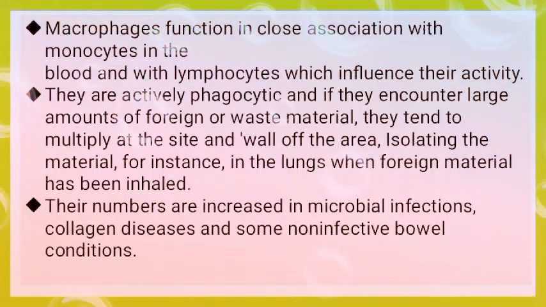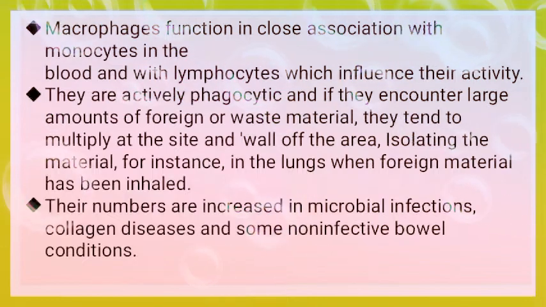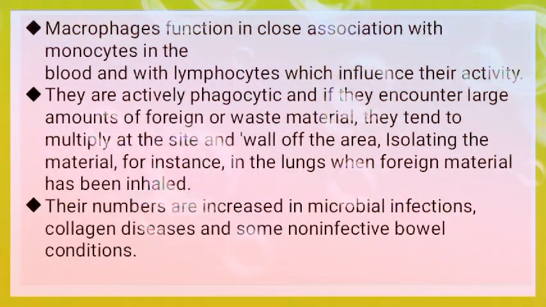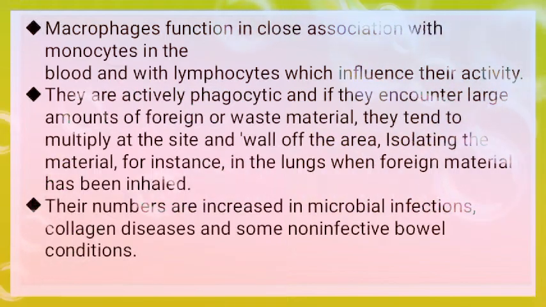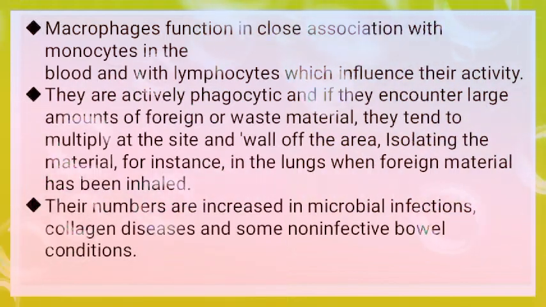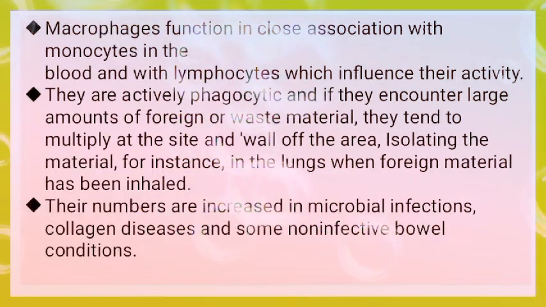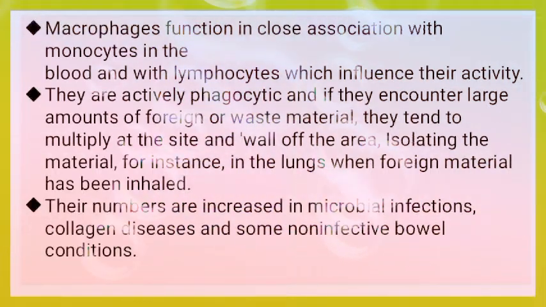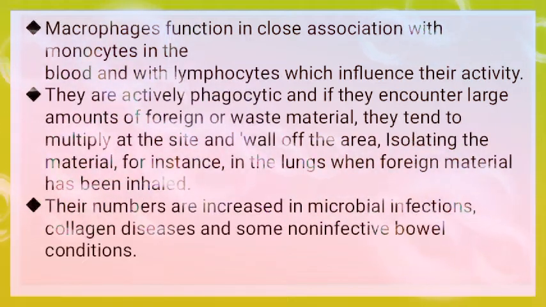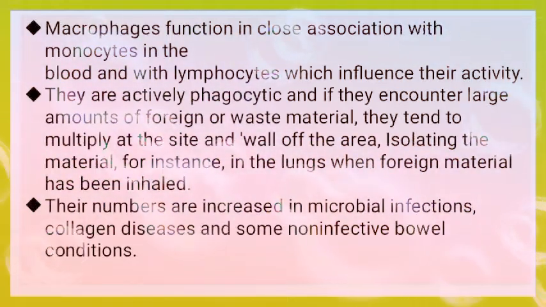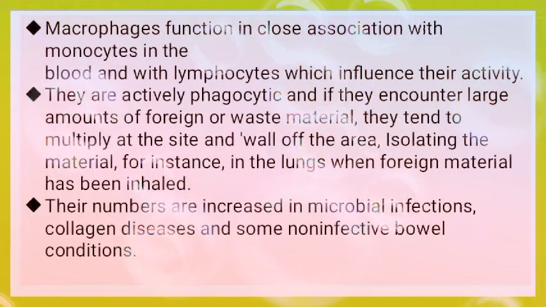So this is in an instance whereby if at all there's a large amount of inflammatory or infectious agents that have been introduced in the body, hence it is going to stimulate these monocytes to multiply and increase in number and to wall off the area that has been invaded, so as to result in destruction of the tissue that has been invaded with these microorganisms.